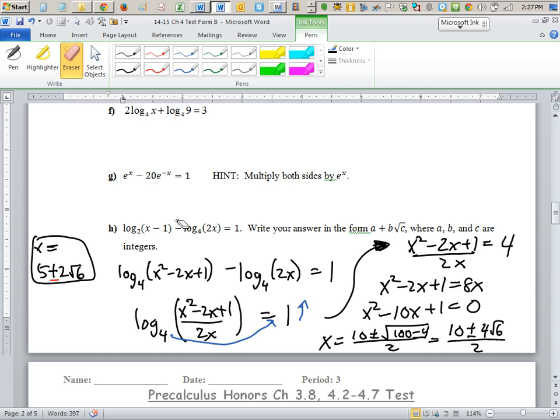So if you go with 5 minus 2 root 6, that number is 0.101, which you're not allowed to plug in here, because this is going to be negative 0.899 or whatever. See the problem? So you can't use that minus solution because it produces an issue with the original problem. Okay, so we're going to go with just the one answer. Just put only that here. All right, let's go to the next page.